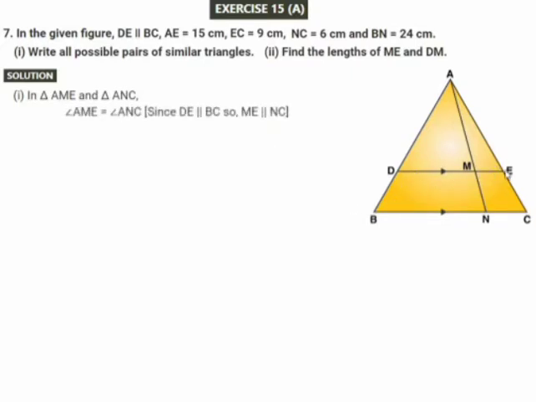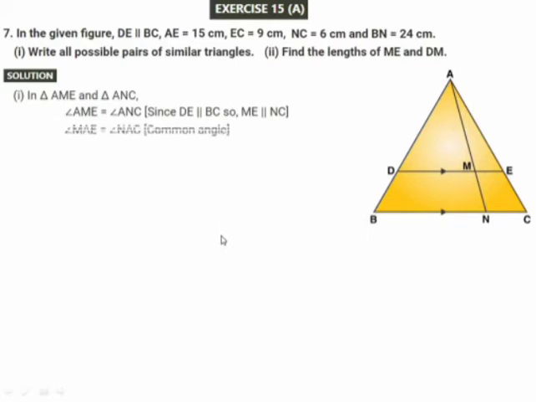So if they are parallel, then this angle and this angle are called corresponding angles, isn't it? If they are corresponding angles, they must be equal, right? So that's what is written. AME is this angle and ANC is this angle, so they are equal because they are corresponding angles.